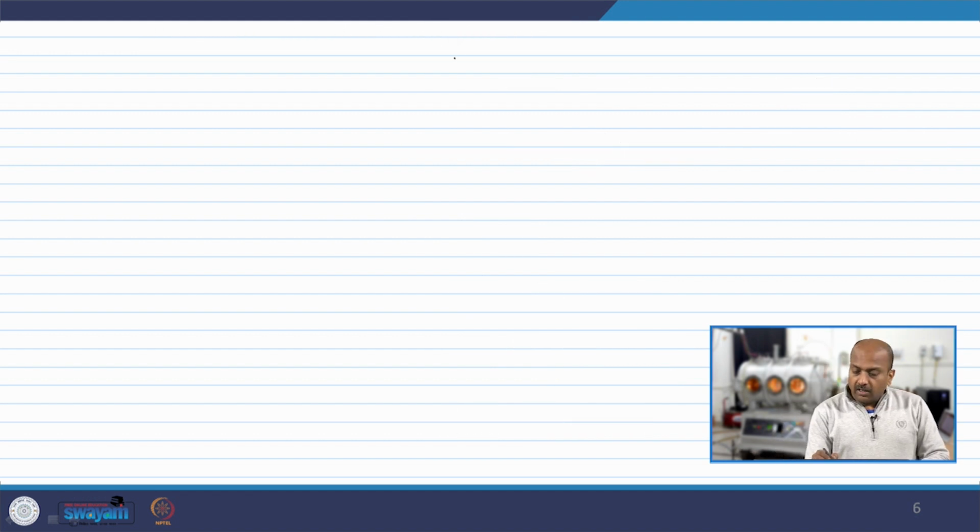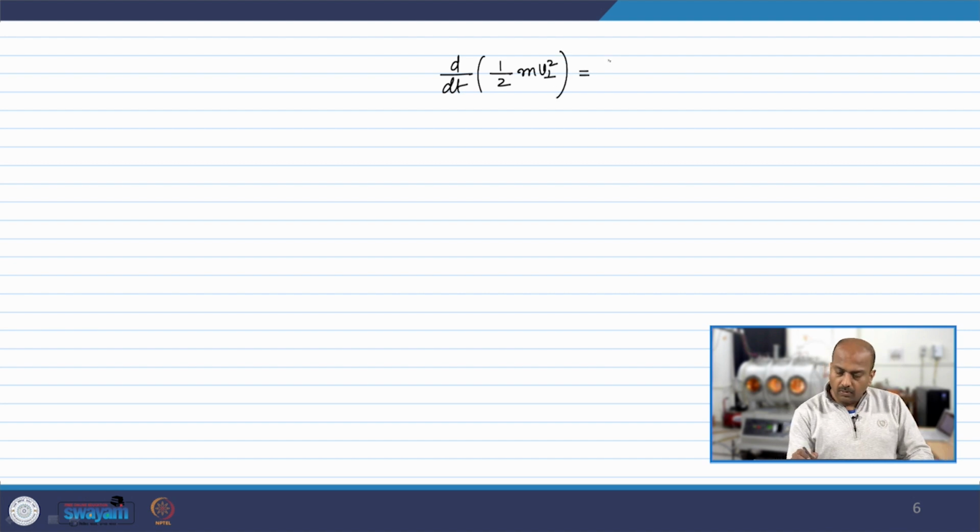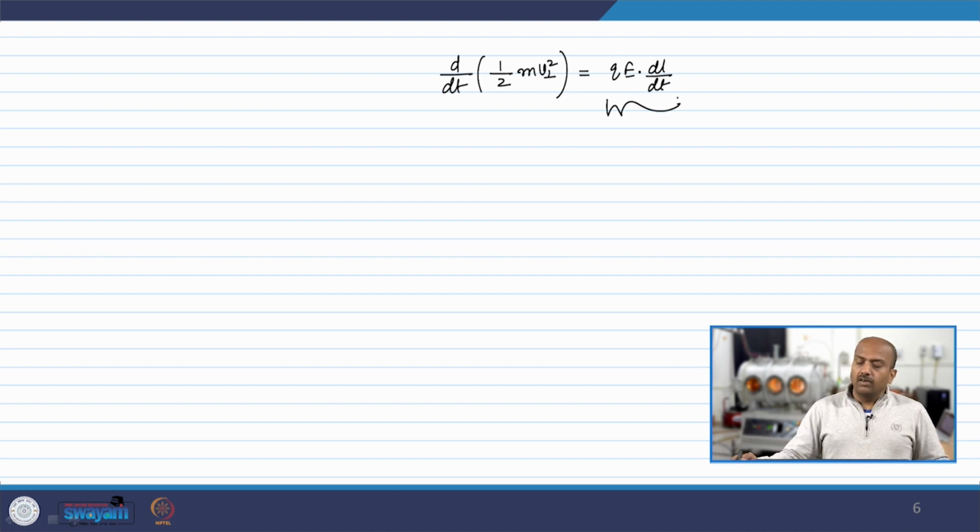So, this can be rewritten as d by dt of half m V perpendicular square is equal to q E dot dl by dt. So, what is this expression telling you? That the rate of change of kinetic energy is dependent on the electric field, charge and velocity.